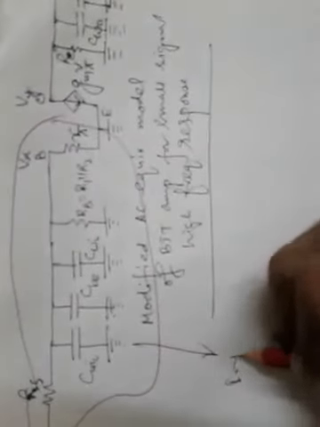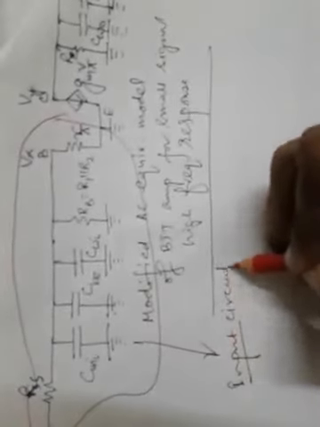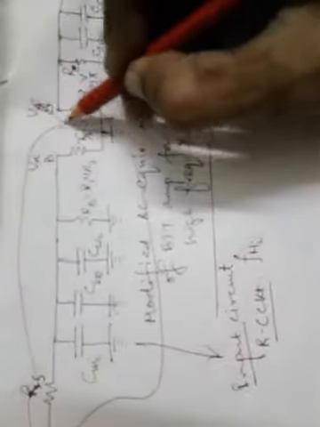Okay, if we analyze this circuit, we can observe that this part is the input circuit. If we solve this input circuit, we will get an upper cutoff frequency, which is denoted by FHI. This is nothing but an RC circuit.